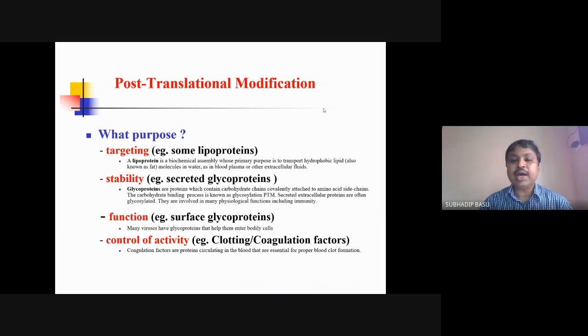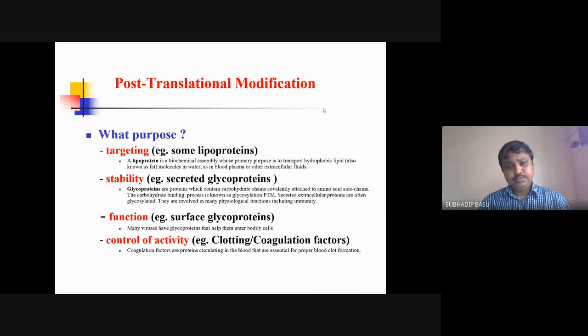The carbohydrate binding process is known as glycosylation, a PTM.